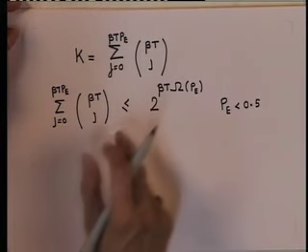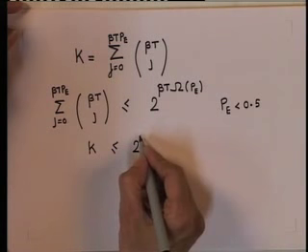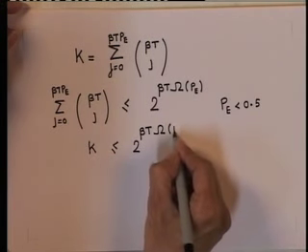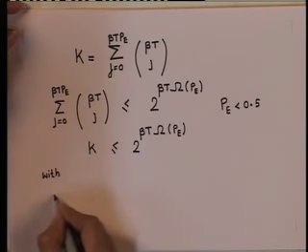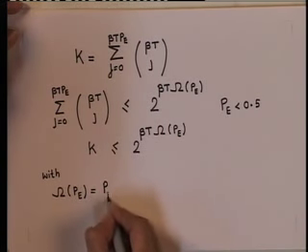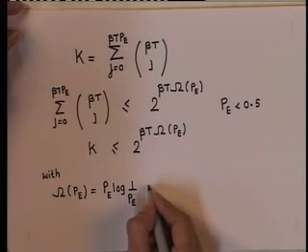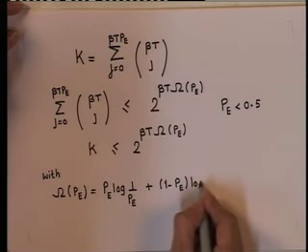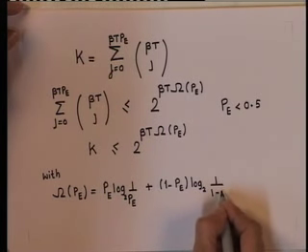Using this inequality, it implies that K is less than or equal to 2 to the power beta t times the entropy function, with the entropy function given as P e log of 1 by P e plus 1 minus P e log to the base 2 of 1 by 1 minus P e.